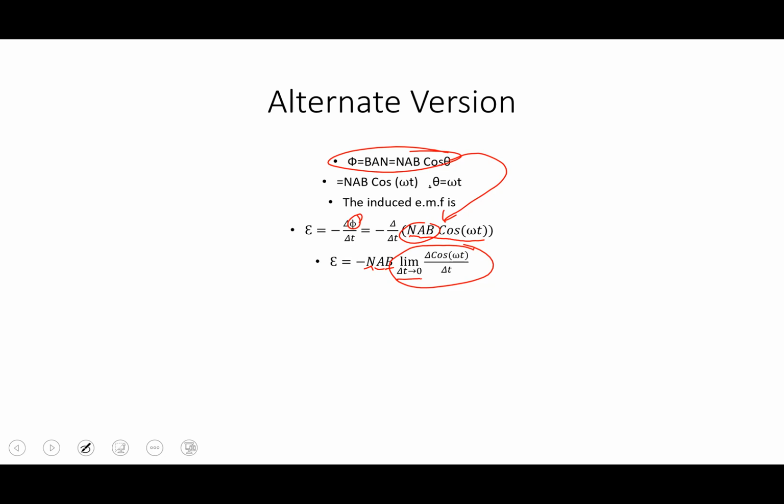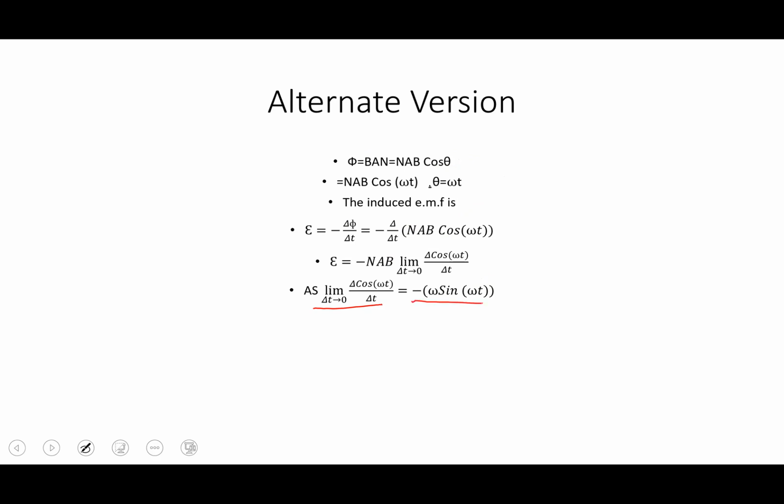If we differentiate, we get minus omega sine omega t. This omega is a constant value, it comes to the front, and cos is converted into sine.